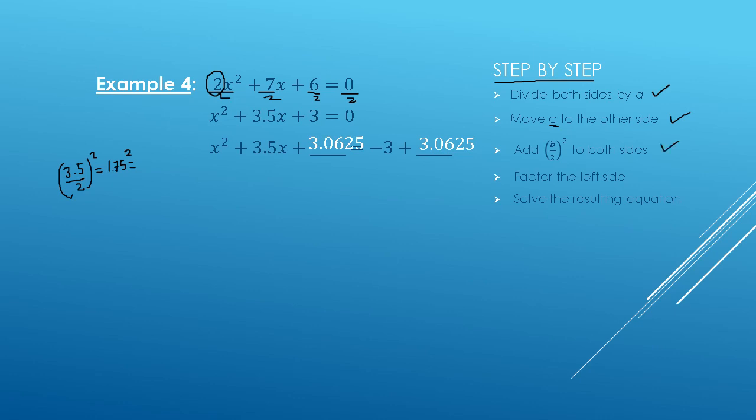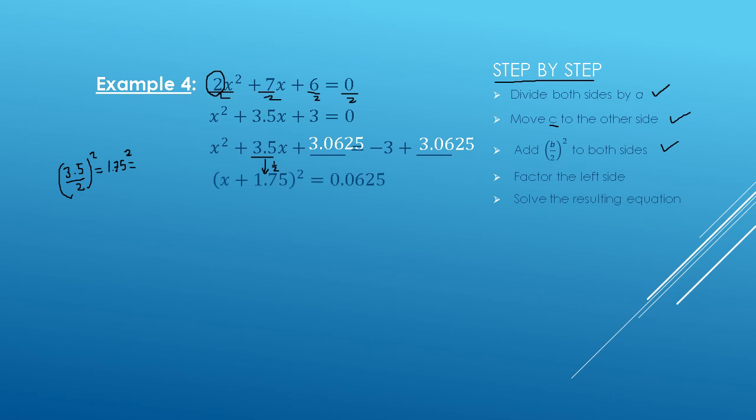Now that we've done this, we're ready to factor. The parentheses here that we're going to get on the left side, it's going to have an x, right? And it's going to have half of this. Okay, you say, does that always happen like that? Yup, that's the way we chose it to work out.